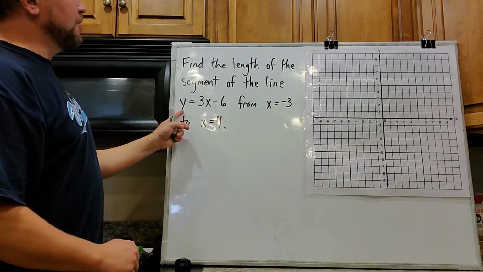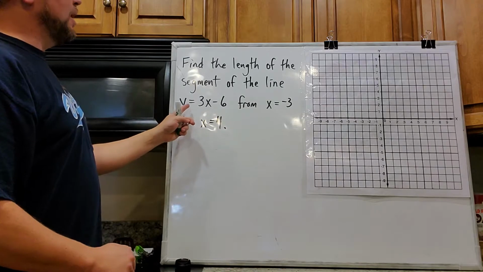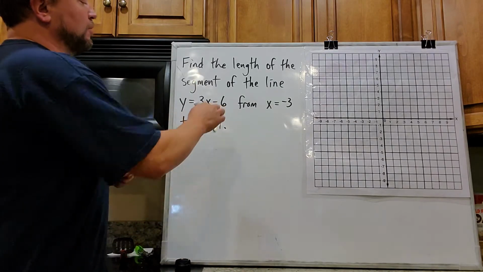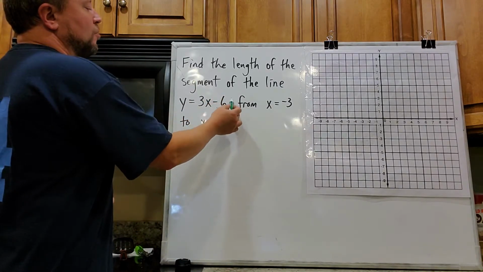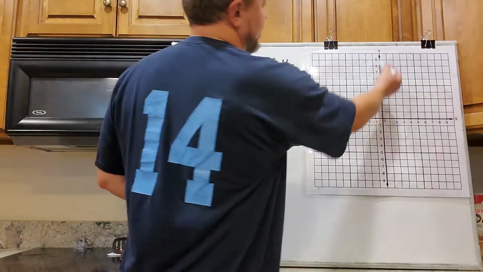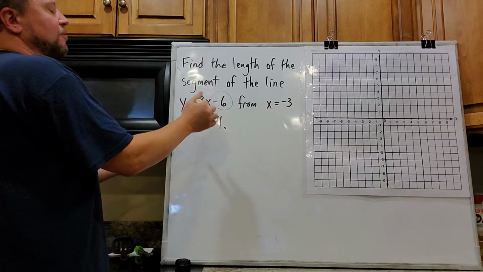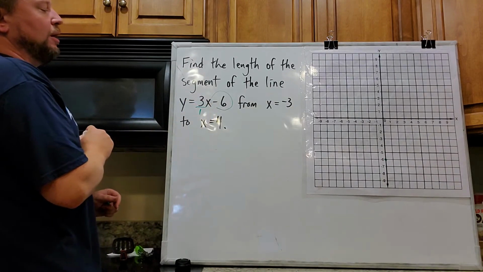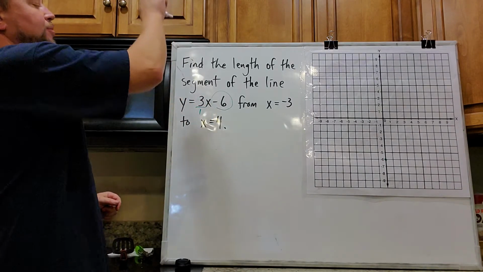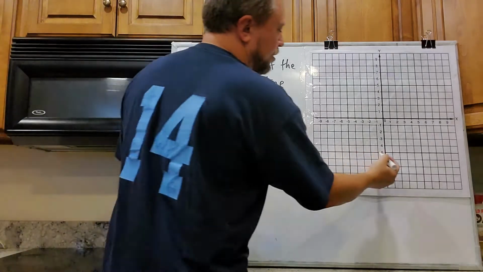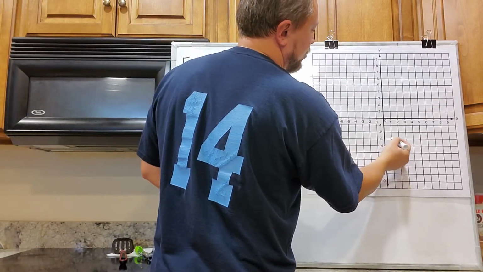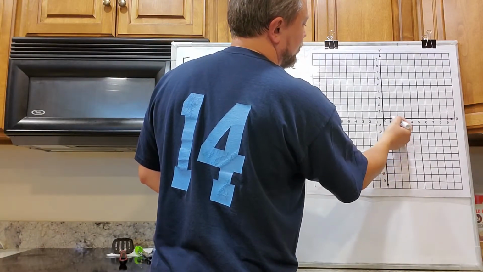If you actually graph the full line, y equals 3x minus 6, it would cross the y-axis at negative 6. So it would cross down here. And it would have a slope of 3 over 1, telling us to go up 3, forward 1. So 1, 2, 3, forward 1, 1, 2, 3, forward 1.